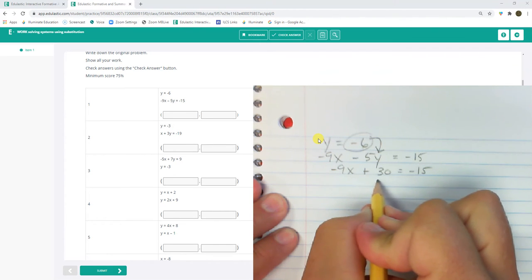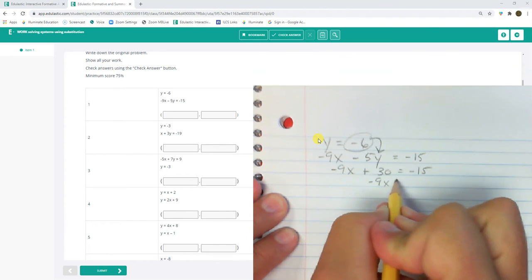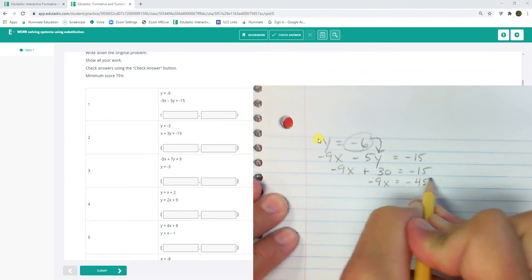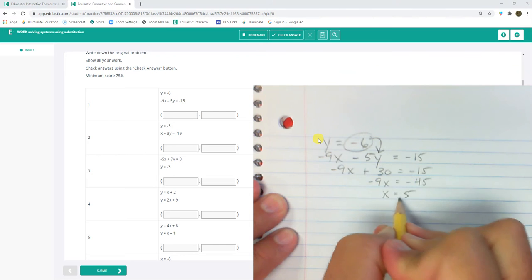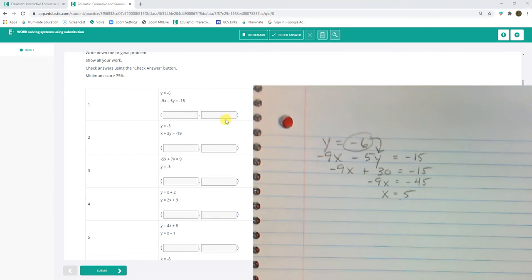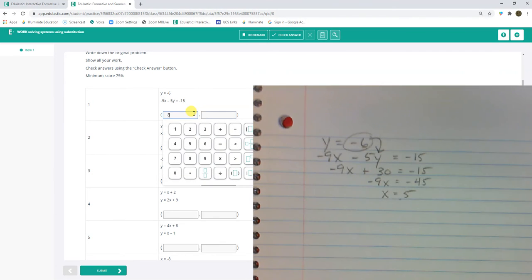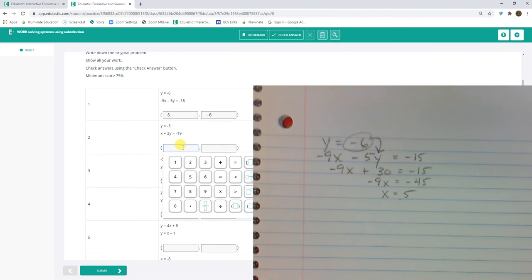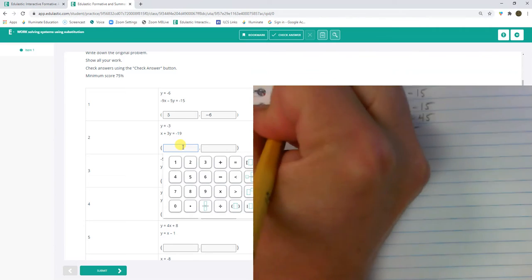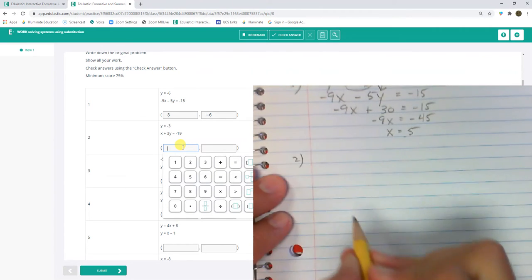Subtracting 30 from both sides, negative 9x equals -45. Dividing both sides by -9, x equals 5. So 5 comma -6. That was number 1.